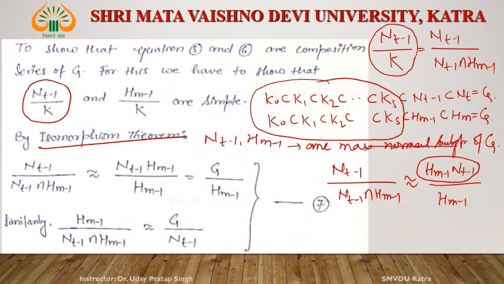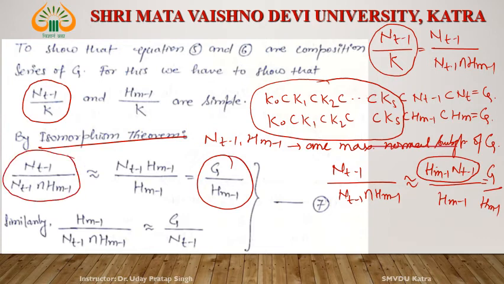This is G. How? We already proved one theorem in our previous lecture: if Hm-1 and Nt-1 are maximal normal subgroups, then their product is equal to G. Then this is equal to G by Hm-1. This G by Hm-1 is isomorphic to this term.